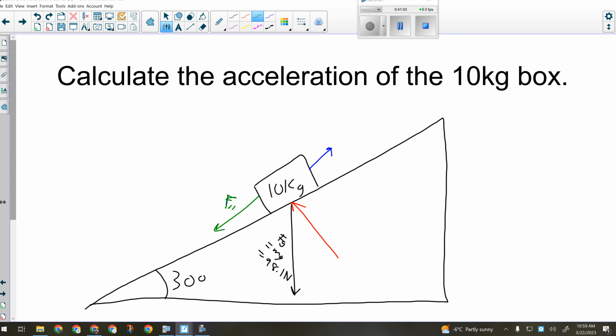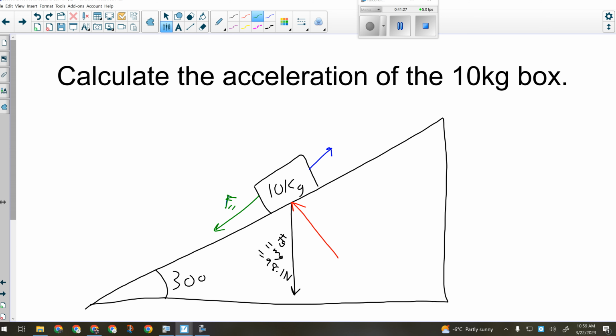So once I've calculated that, using that triangle there, then I just put it on my free body diagram and I put friction up the ramp, or maybe this thing is being pulled up the ramp. Then I would have an applied force acting up the ramp. If it was being pulled up the ramp, which way would friction act? Down the ramp. Friction always opposes. So if I'm going up, friction acts down.